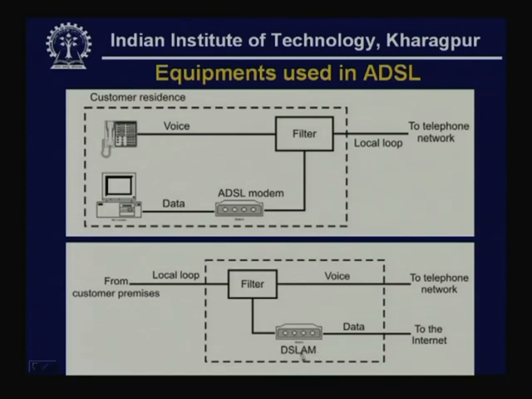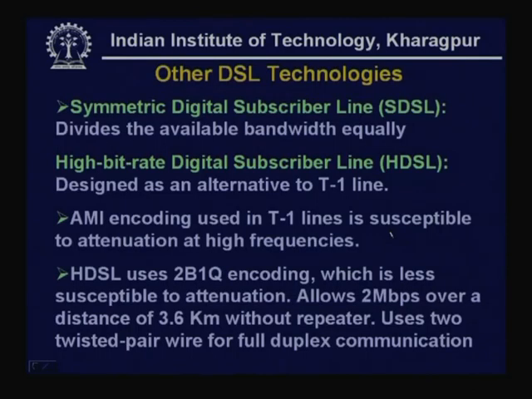So this access multiplexer actually not only does the modulation, the necessary multiplexing and other things, it also does the framing, which is needed for internet communication to the internet service provider. So this goes to the internet service provider. So using these two equipment, you can have the ADSL service.